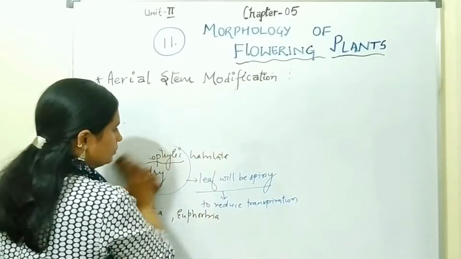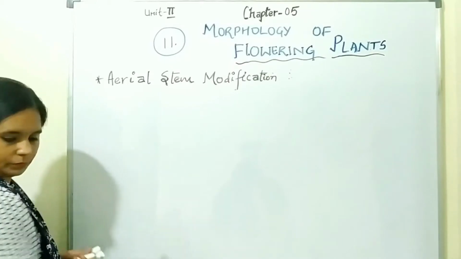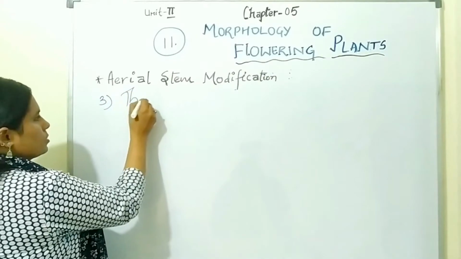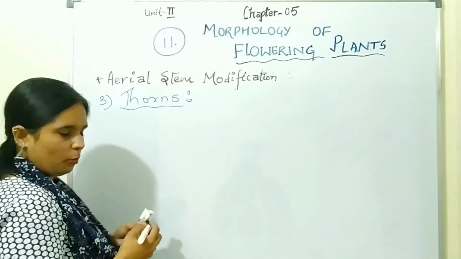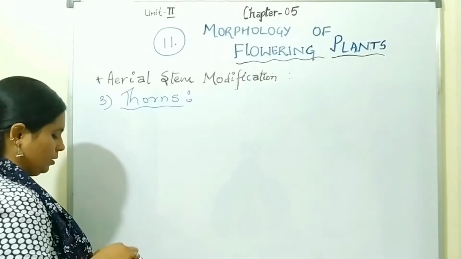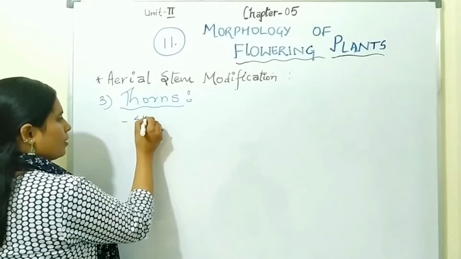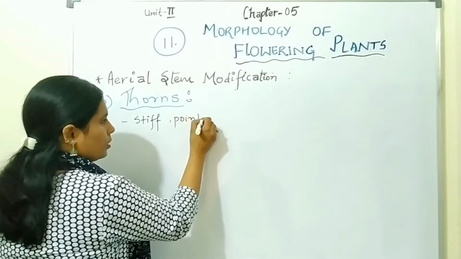The next topic is thorns. The third one is thorns. This is also a modification of aerial shoot. Now what is this? This is a stiff, pointed structure.